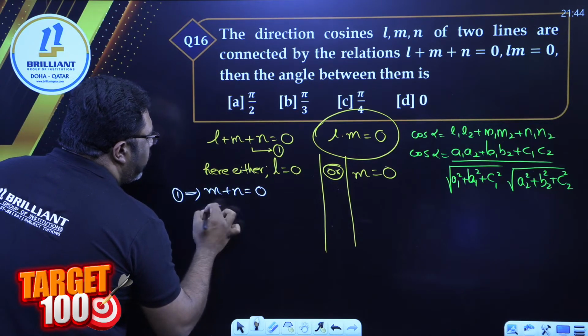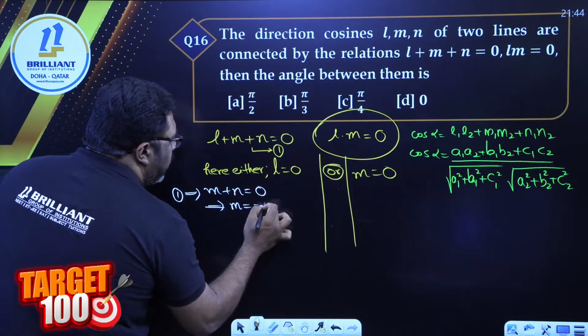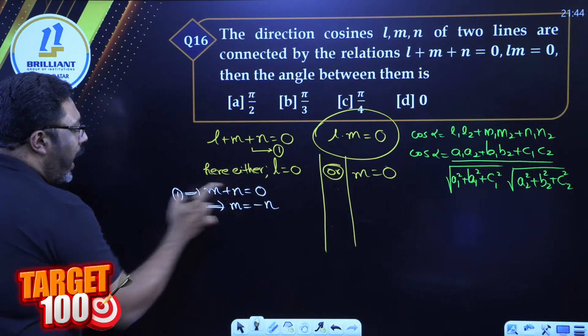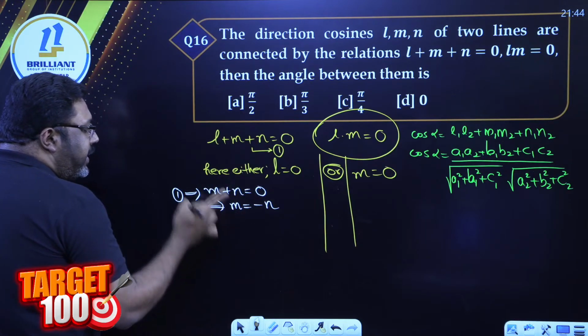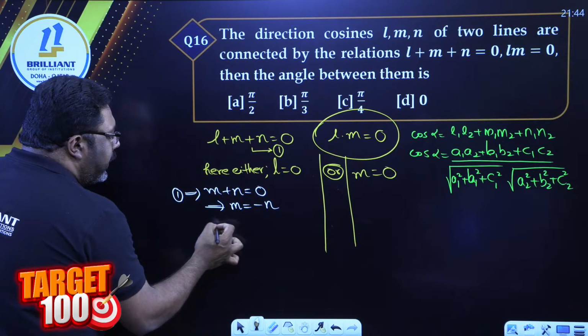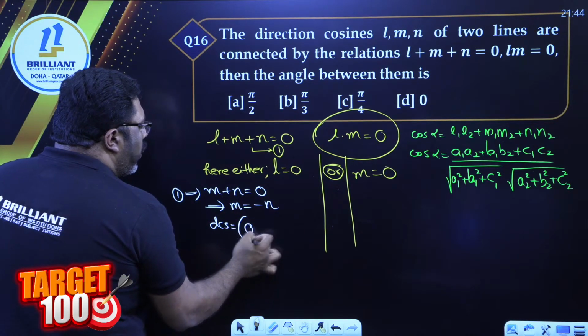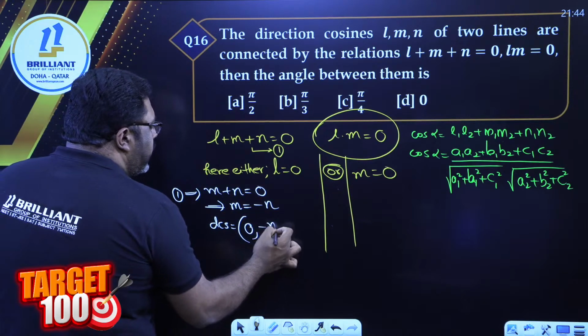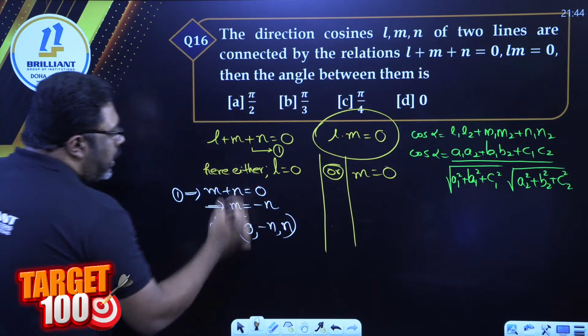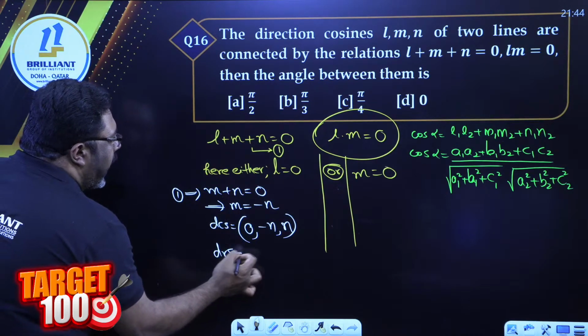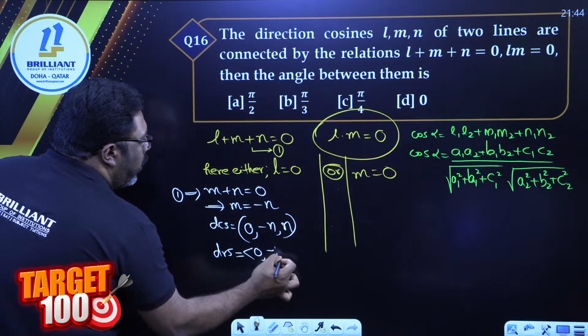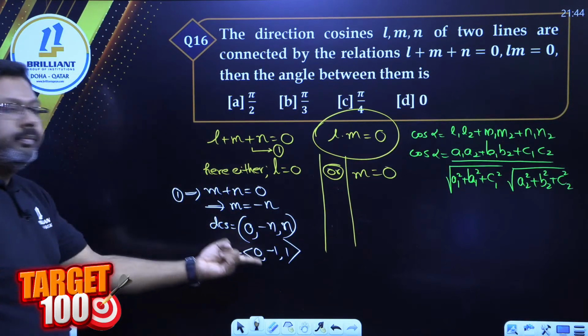And from that I can say M is negative N. So the direction cosines are actually L is 0, M is minus N, and N. So because of that, the direction ratios are 0, minus 1, 1.